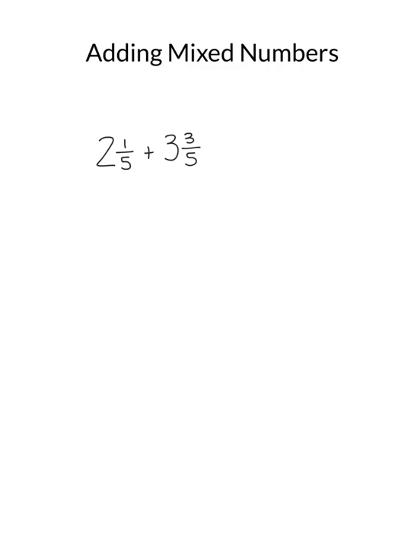So to do this, I need to think about 2 and 1/5. How could I change this to an improper fraction? So here's a picture of 2 and 1/5. So I'll color it in 1, 2, and 1/5. So I'm now going to think about how many fifths I've colored in.